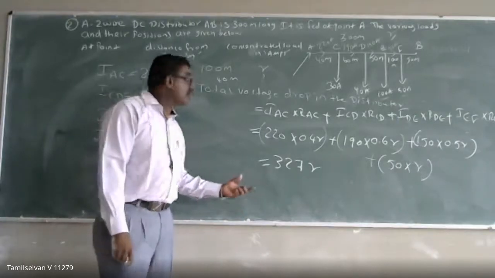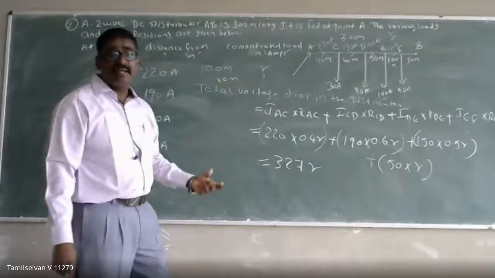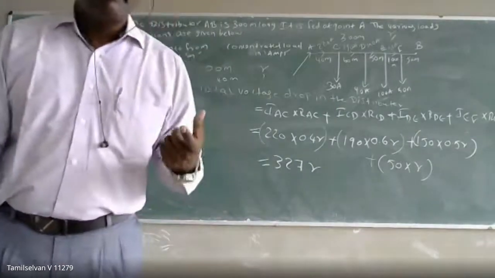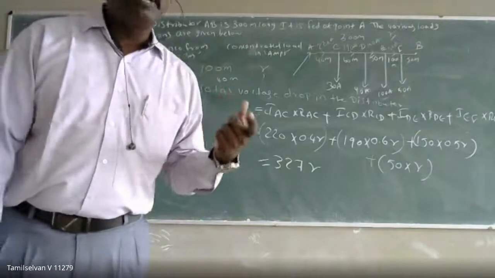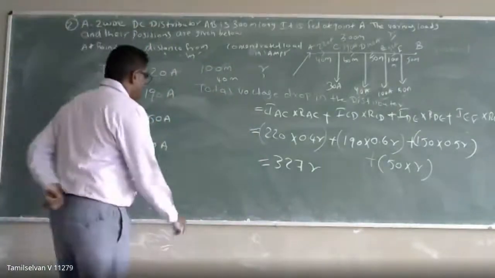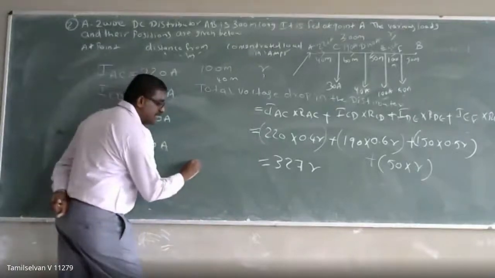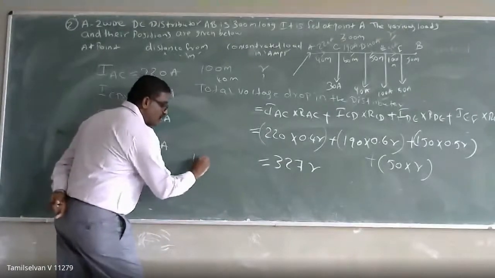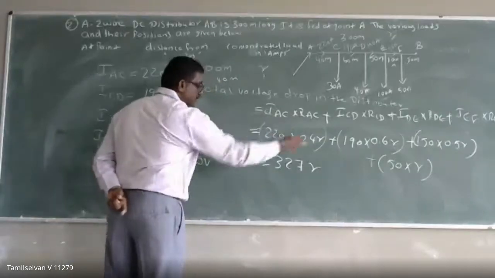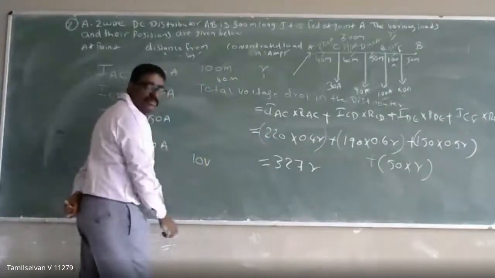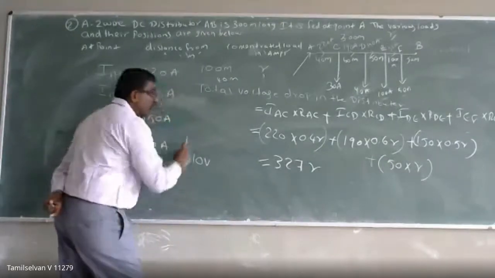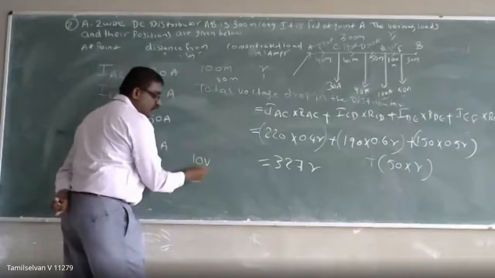Here, in the question itself they have given the hint: the maximum permissible drop in the distributor is 10 volts. So the total drop in the distributor should be equal to 10 volts.